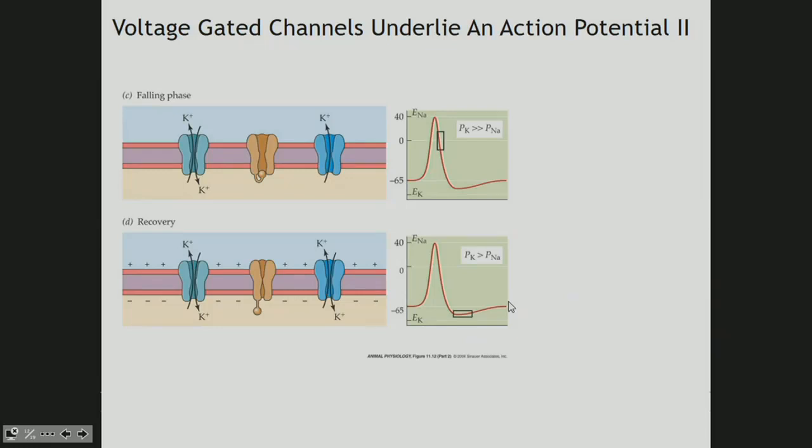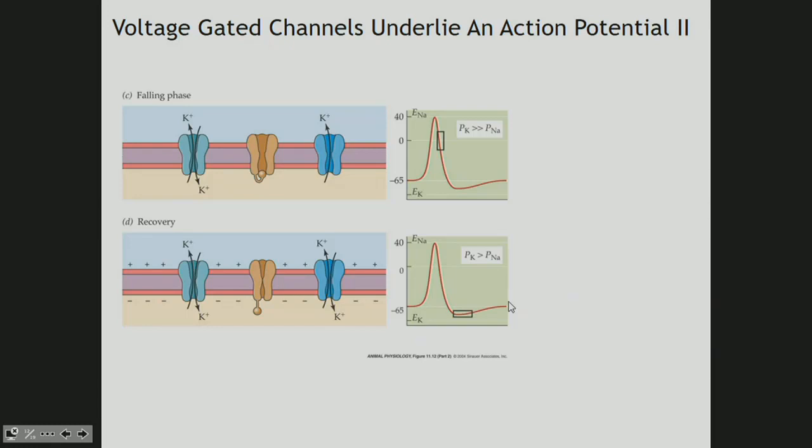But then you're in the falling phase, where potassium permeability is now far greater than sodium permeability. So how does that happen? Well, you still have this efflux channel, which hasn't changed, for potassium. But now, see this little ball that's popped into the little hole in the voltage-gated sodium channel? You've temporarily knocked that channel out. It changes its conformation so that sodium can no longer flow through it.